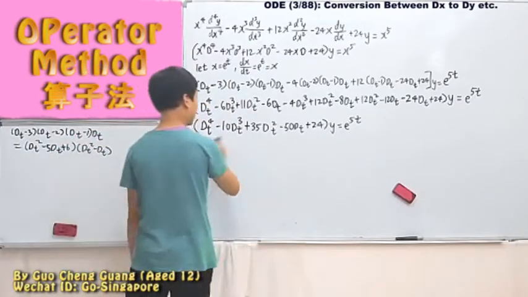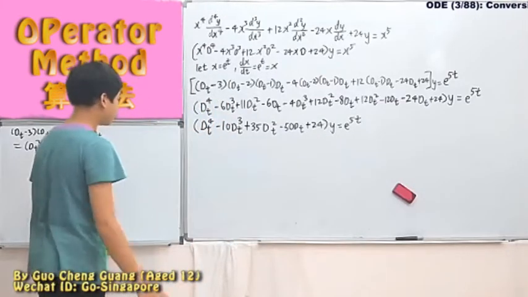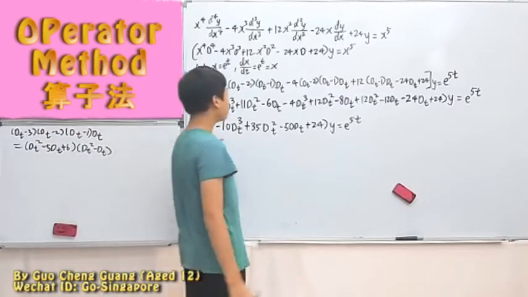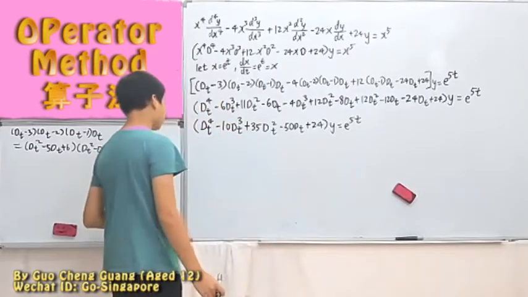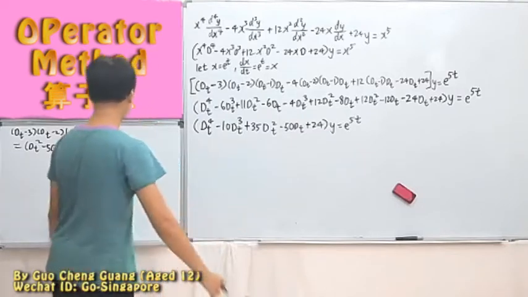For this part, afterwards, we need to factorize it. For factorization, we will just use the factor theorem together with cross multiplication.